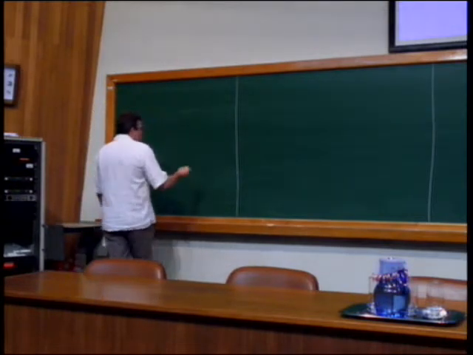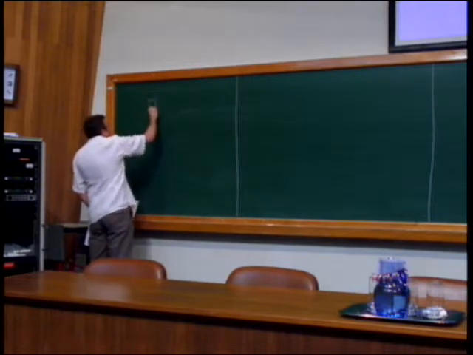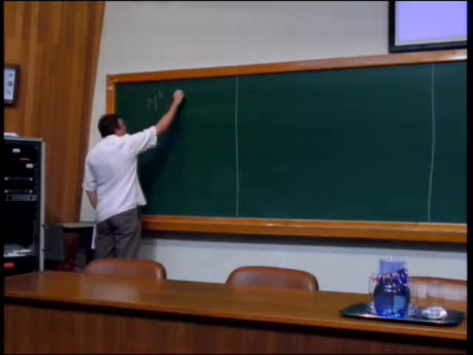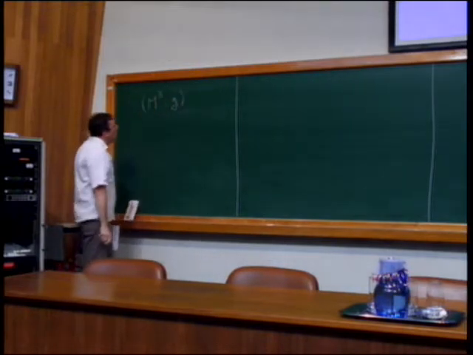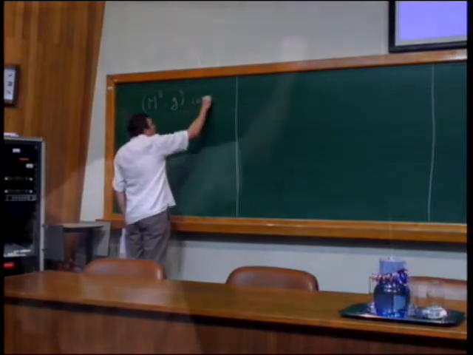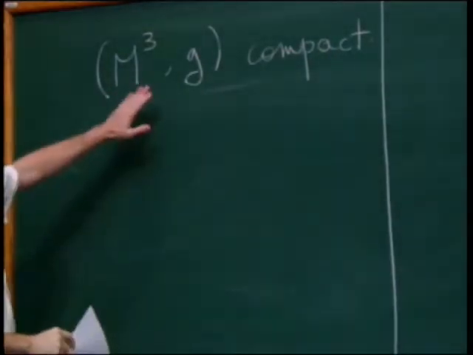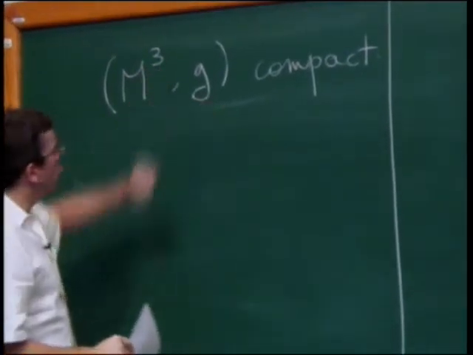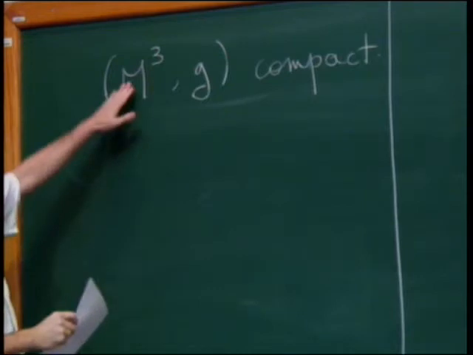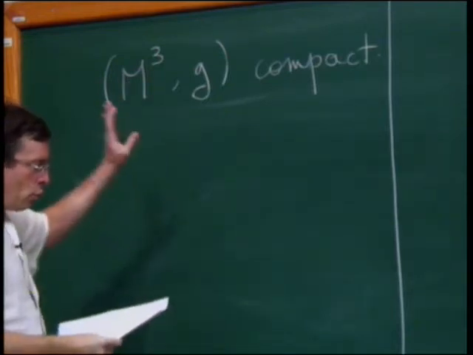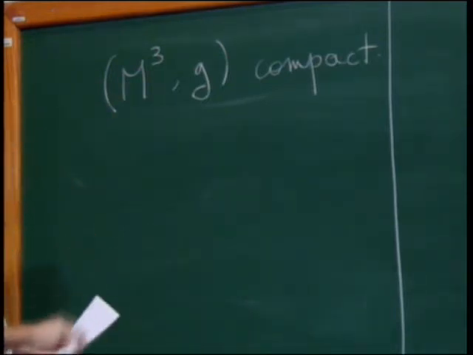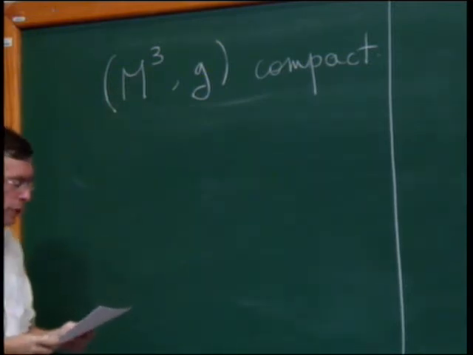So in most of the talk I will assume that I'm working in dimension 3. So M3 will be a compact Riemannian manifold. But many things I will say also hold in a higher dimension and even in dimension 2. But to make things simpler, I will focus on dimension 3.